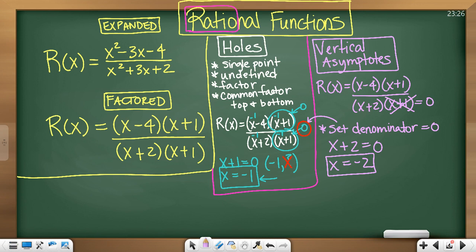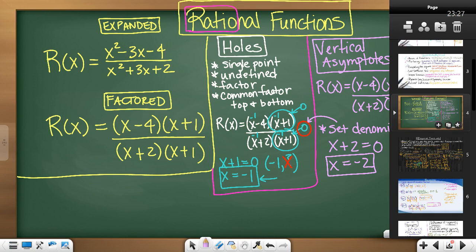Okay. So this is the first two, and I'm going to show you all of these on the graph. So let's go into horizontal asymptotes. Let me remember my function here. In fact, what I'll do is copy this slide. That would probably be the best thing to do.